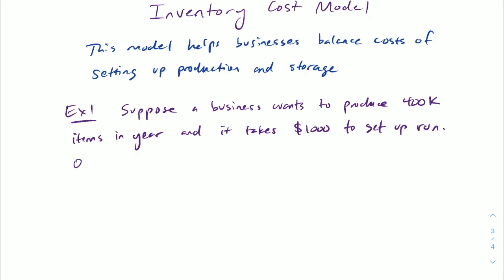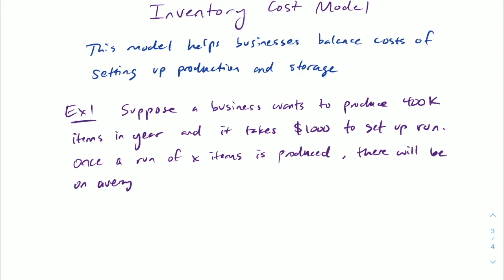Once a run of X items is produced, there will be, on average, X over 2 items in storage till the next run.